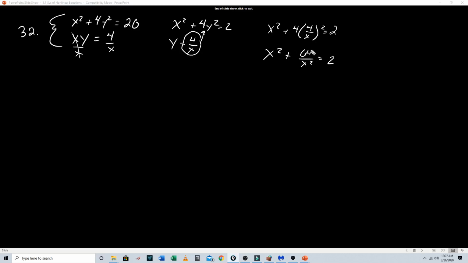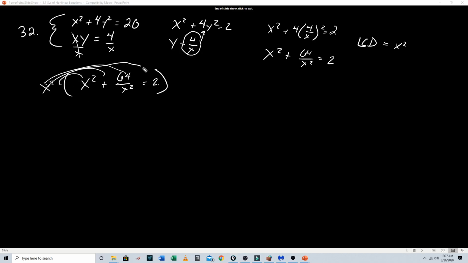Now, I can't do anything with this. So what I'm going to do is simplify by multiplying everything by the lowest common denominator, LCD, if you remember that, which happens to just be the only thing in a denominator, x squared. So everything gets multiplied by x squared. So x squared times x squared plus 64 over x squared equals 20, and everything gets multiplied, so 1, 2, and 3.